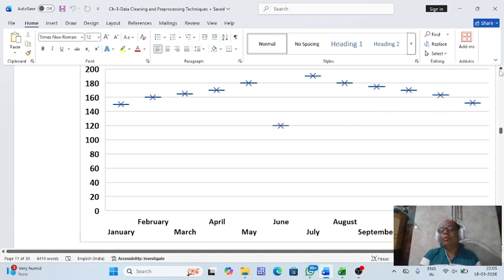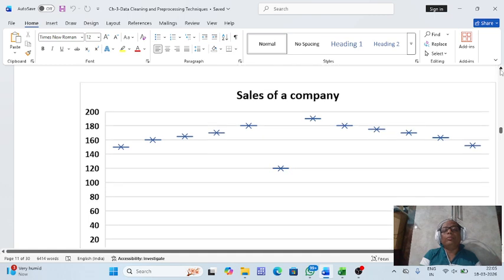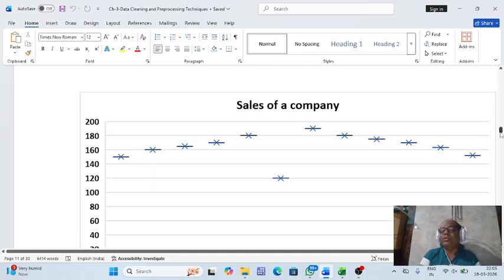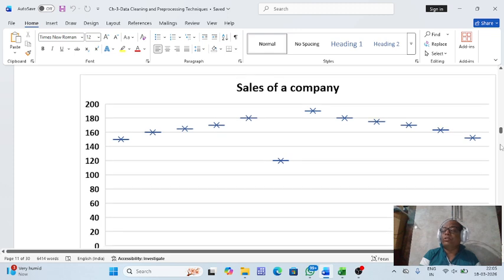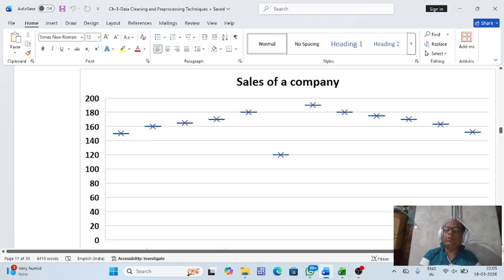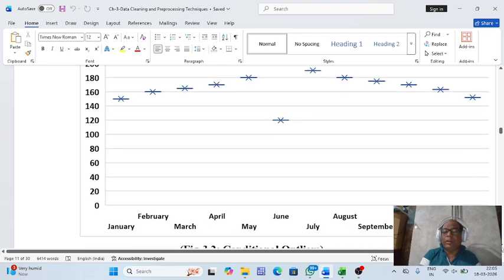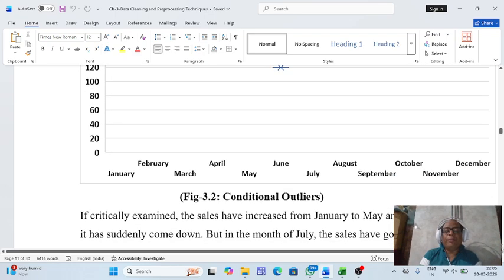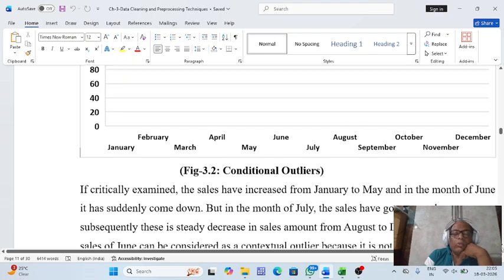But in a global outlier, you can see that it is significantly different from the other values. In case of a contextual outlier, if it is not following a particular trend and there is a sudden dip or rise in a particular variable, then that will be treated as a conditional or contextual outlier.